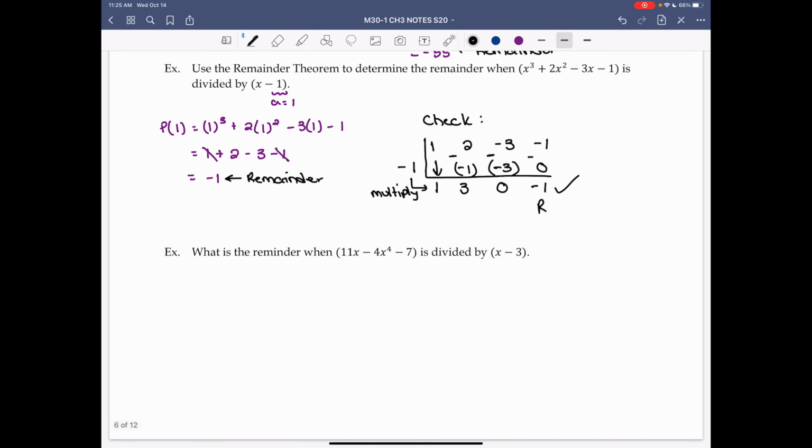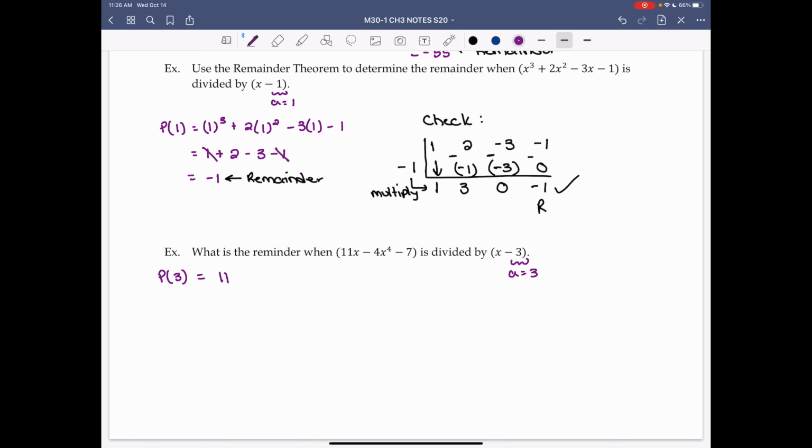Last example, what is the remainder when 11x minus 4x to the power of 4 minus 7 is divided by x minus 3? Using the remainder theorem, our divisor x minus 3 means we have an a value equal to 3. Let's calculate what p of 3 gives us.